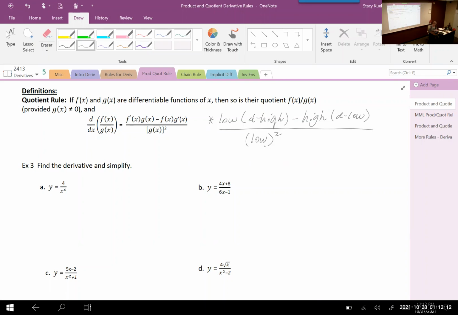Let's look at this problem right here, applying the quotient rule specifically to this problem. So if I know that the numerator is represented by 4 and the derivative of that would be 0, the denominator is represented by x to the 6th and its derivative would be 6x to the 5th.